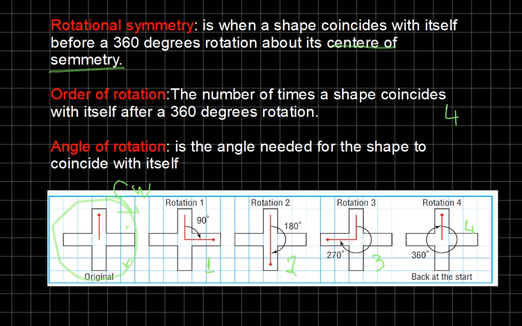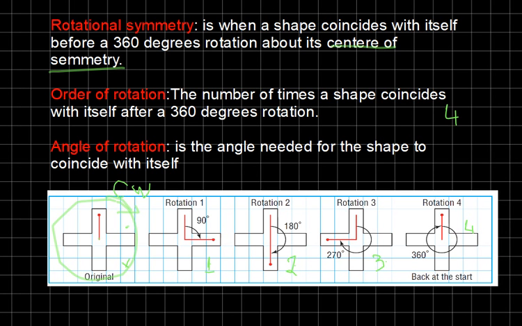So for this one, it happens once, twice, 3 times, 4 times to go back to its original shape. Any shape can have an order of rotation of 1, because any shape, if you rotate it 360 degrees, will go back to its original shape.